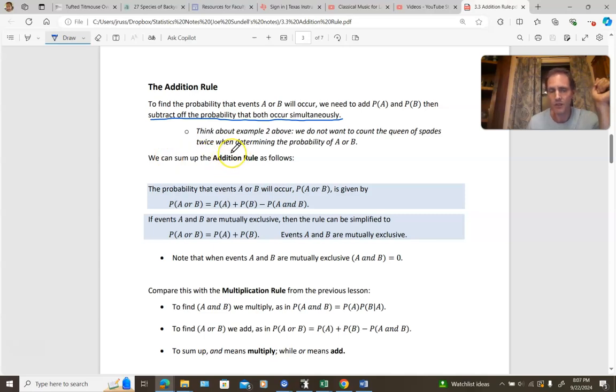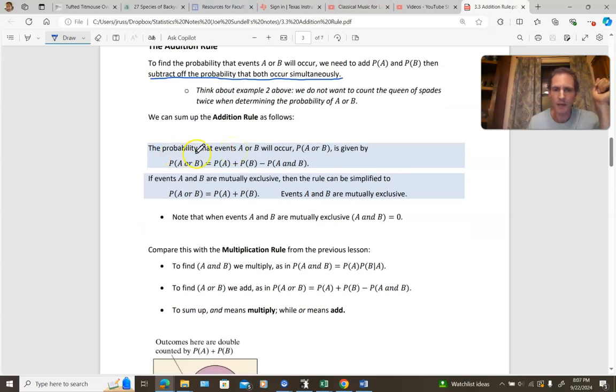Okay, so we sum these probabilities. So that's the reason this is called the addition rule. So mathematically, this is how it's defined. Okay, so you have events A and B. If we want to find the probability of A or B occurring, one of the 2 occurring, then it's going to be the probability of A plus the probability of B minus the probability that they both occur. Now, for mutually exclusive events, this simplifies to just the probability of A plus the probability of B. Because if 2 events are mutually exclusive, guys, we know they both cannot occur together.